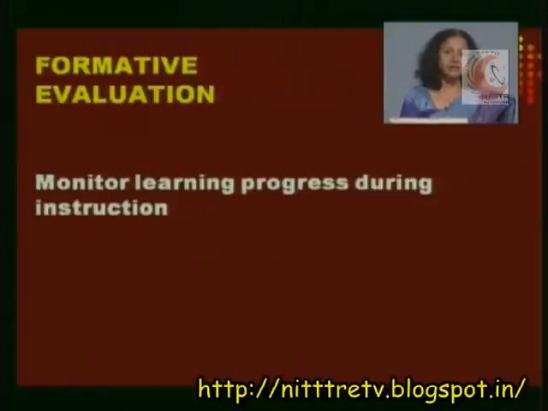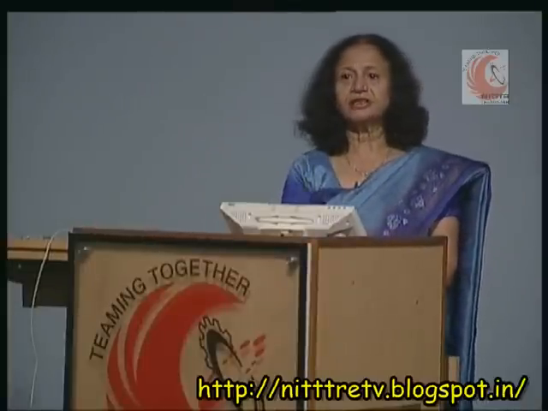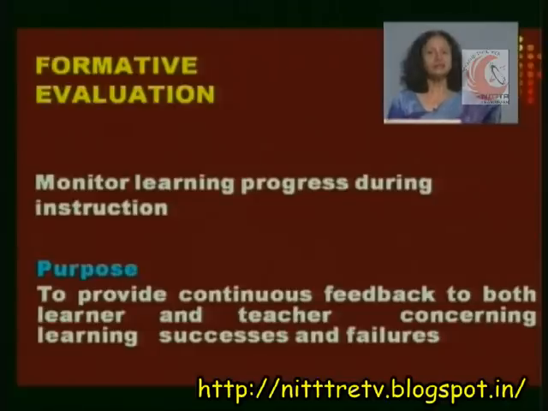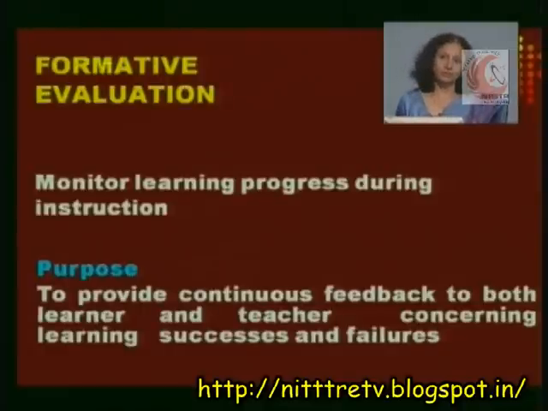Because it takes place during instruction, the necessary changes, the problems which the students are facing, can be checked. The purpose of such evaluation is to provide continuous feedback to learner and teacher both. In formative testing, you can use informal tests, fortnightly tests, weekly tests, like that.